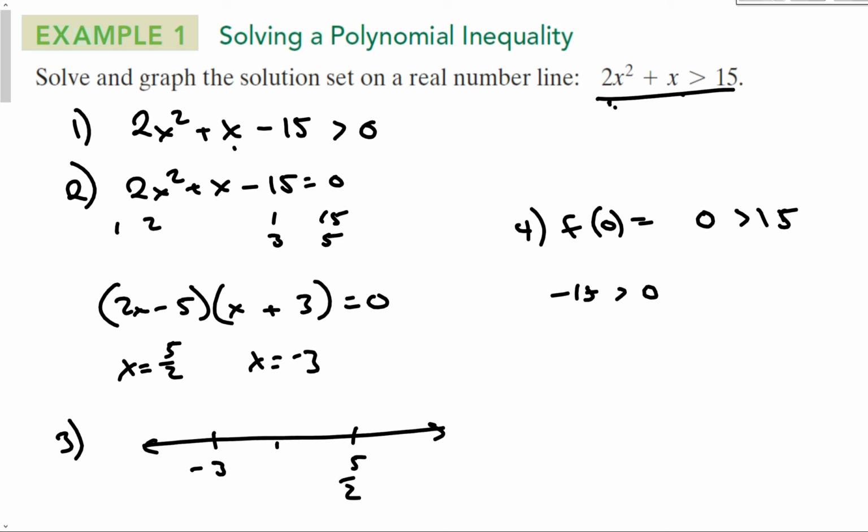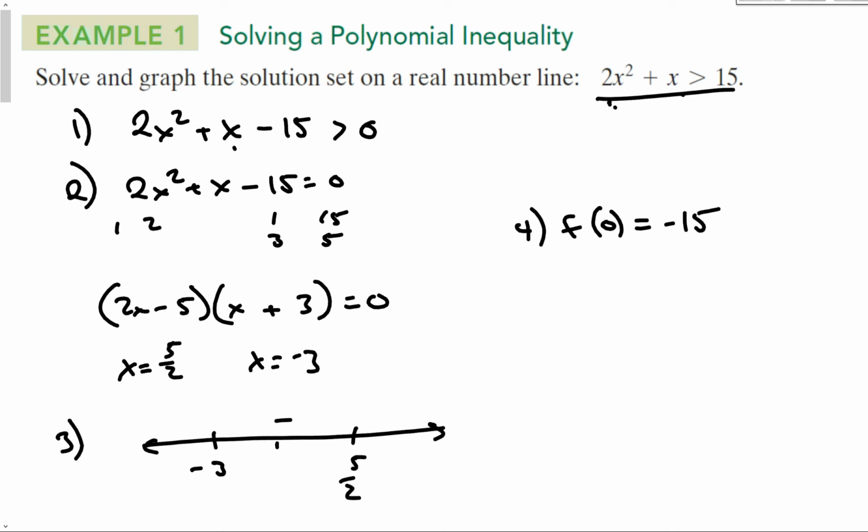Neither one of those is true, okay? So actually, a better idea is to just plug in f of 0 and see what you get, a positive or negative number. Plug it into your equation right here, and we get f of 0 is equal to negative 15. So that means that this function is negative in the interval containing 0.